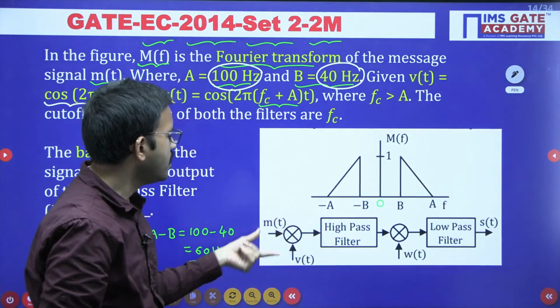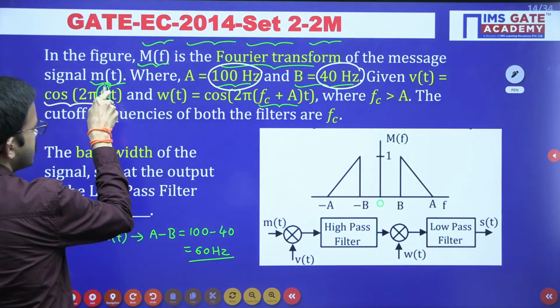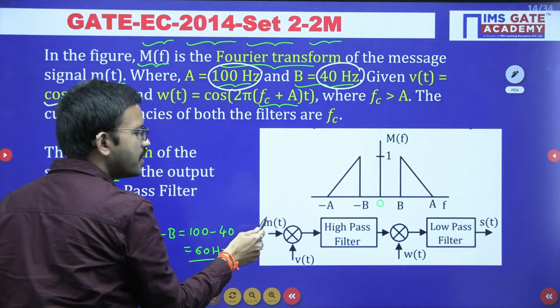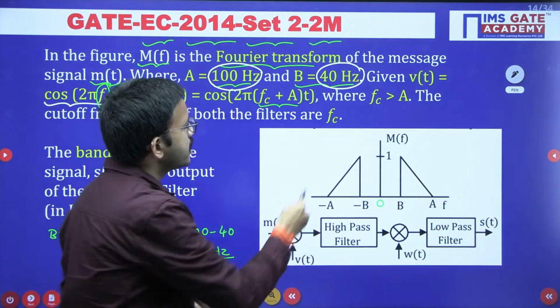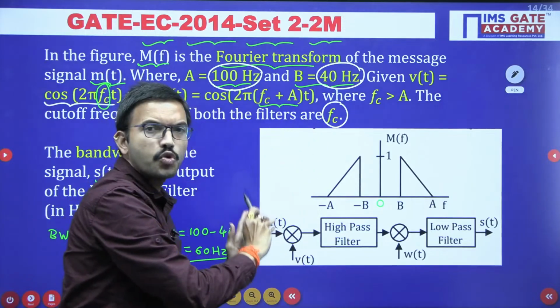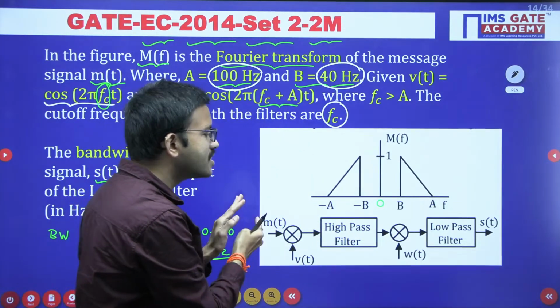Say for example, regarding V(t), the carrier signal frequency is Fc, right? So Fc plus Fm and Fc minus Fm. When compared to the cutoff frequency Fc, it will pass only Fc plus Fm. So it won't pass Fc minus Fm.